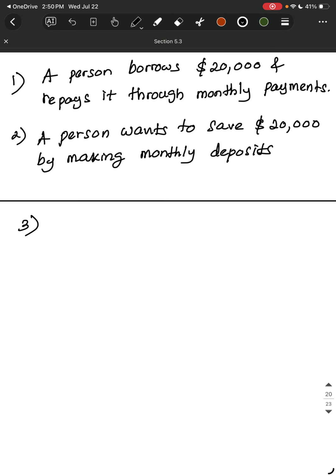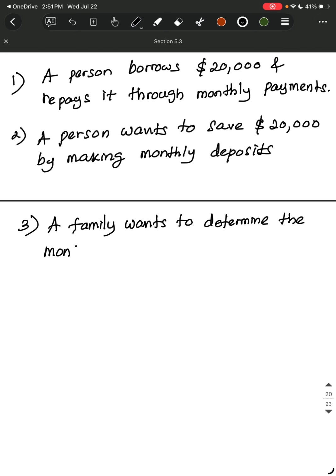Third, a family wants to determine the monthly mortgage payments. Fourth, a company wants to accumulate money to replace equipment in 5 years.